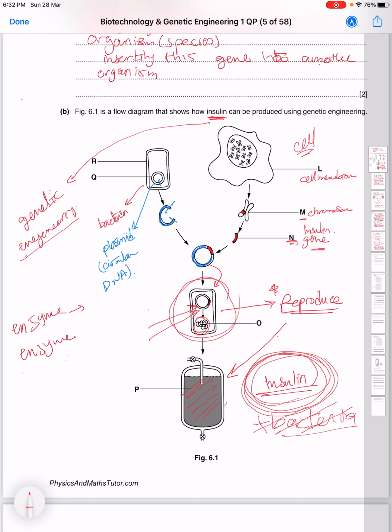You're just taking part of the gene and inserting it inside the bacterial vector to get the human insulin. This is how genetic engineering works. You're not getting human insulin and then injecting it directly into people. You're using genetic engineering to make it. Okay.